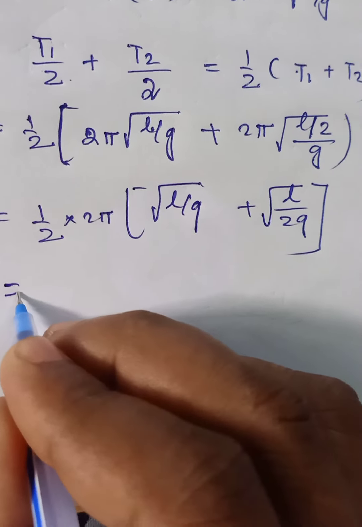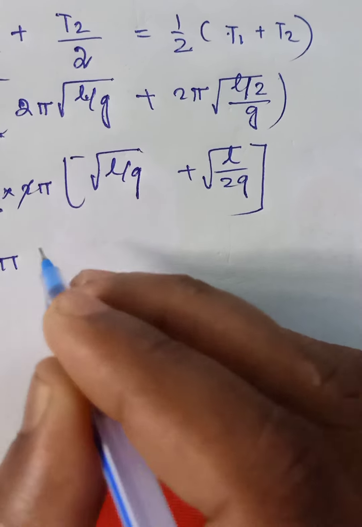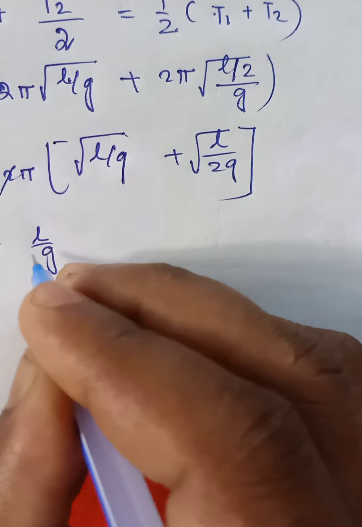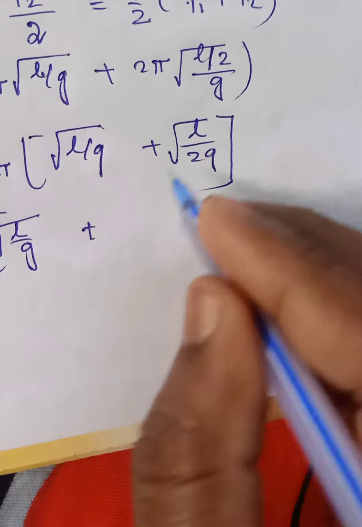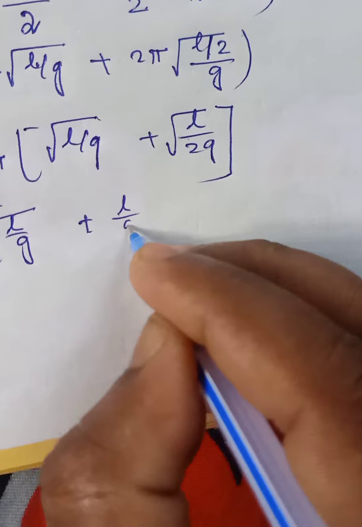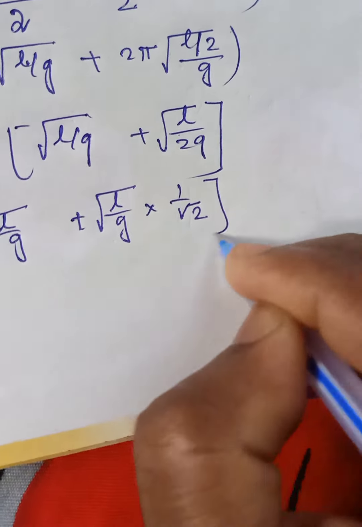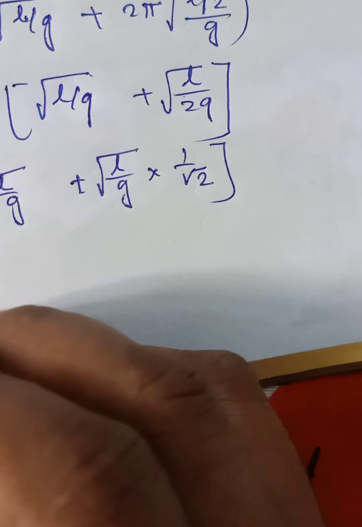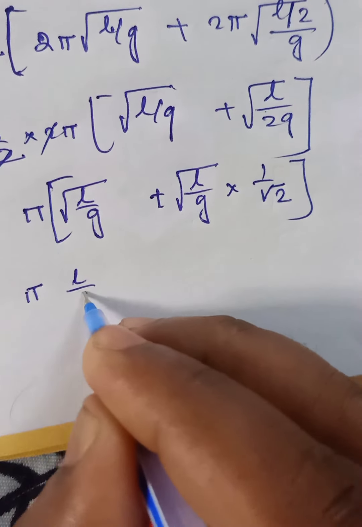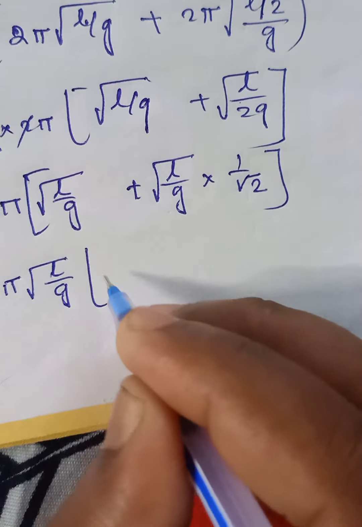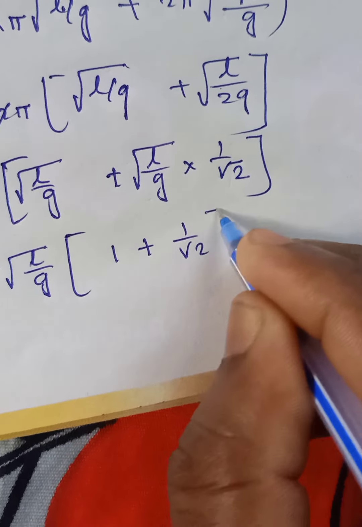So the 2 will cancel, giving pi root L by G plus this one, which can also be written as root L by G into 1 by root 2. So equal to pi root L by G taking common, 1 plus 1 by root 2.